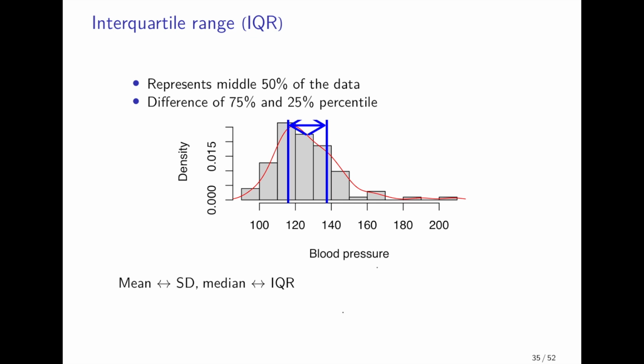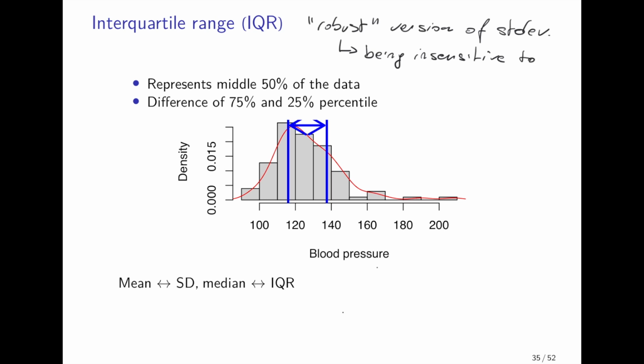The next measure of spread that we're going to look at is the interquartile range, sometimes abbreviated as IQR. And this is like a robust version of the standard deviation. And here, robust, you have to interpret that in the sense of being insensitive to outliers.